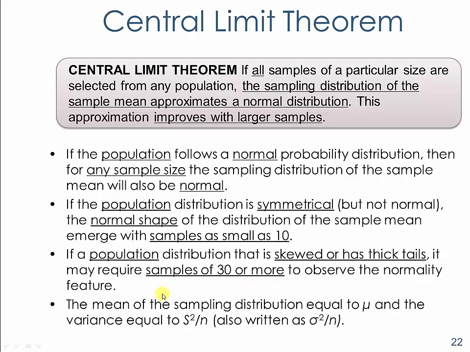Finally, the mean of the sampling distribution is equal to mu, and the variance is equal to the variance divided by n, also written as sigma squared divided by n, or s squared divided by n.